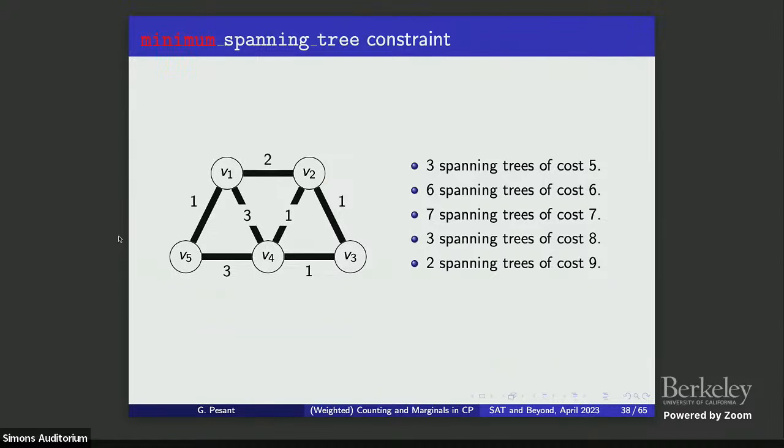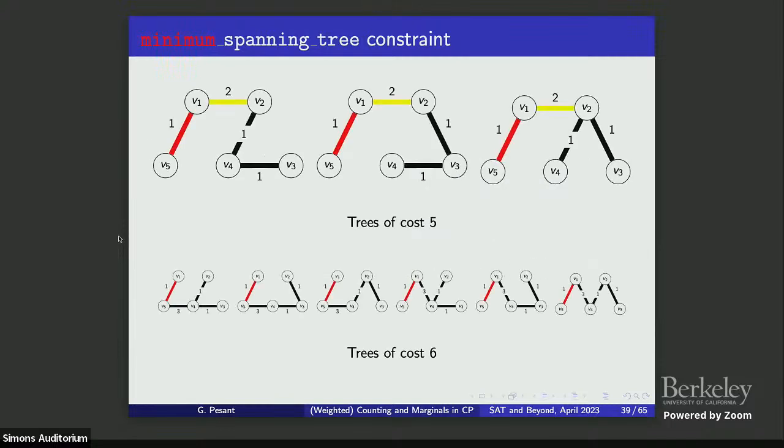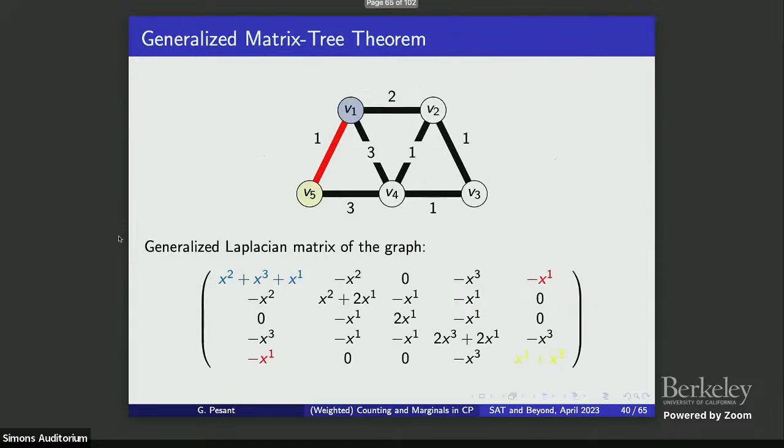I'll go quickly over this because it's also very nice. What about minimum spanning tree? So now your edges have weights. And here are all the trees of cost 5, cost 6. You do something similar, except that your Laplacian is generalized.